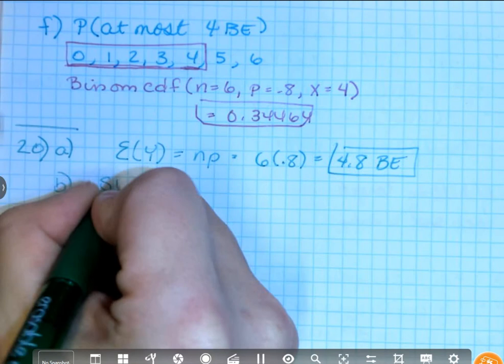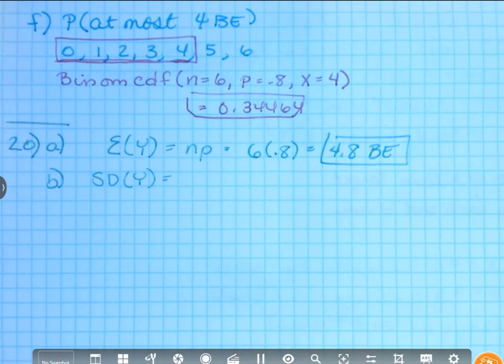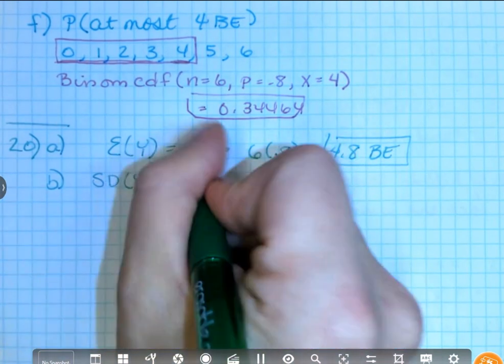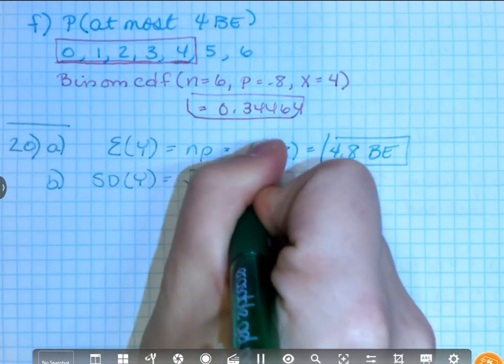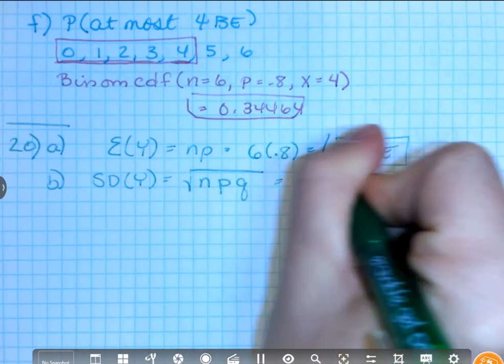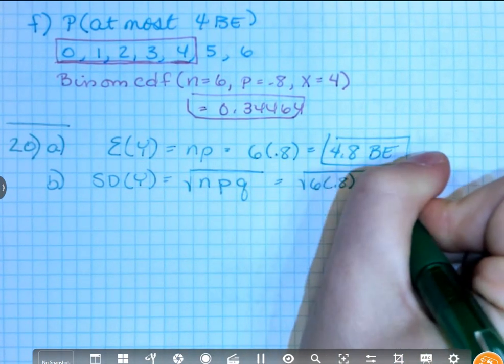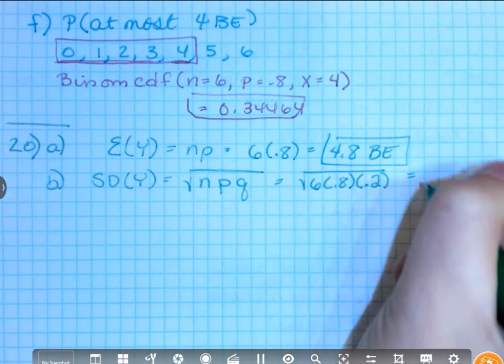B was for the standard deviation is what it was asking for. What's the formula for standard deviation for binomial? Square root of npq. So that is the square root of 6 times 0.8 times 0.2.